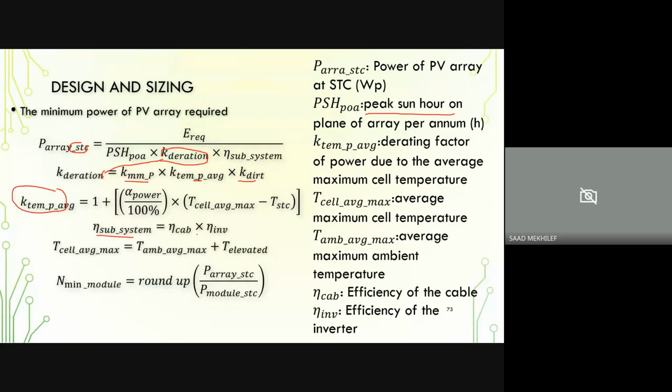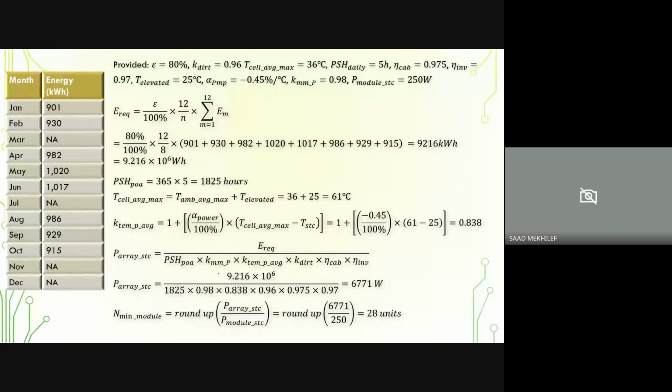For the subsystem efficiency, you have the inverter efficiency, the cable efficiency, and the cells. So you get this, which is the number of modules, and you round up. Let me give you an example, just to tell you how much the effect is.